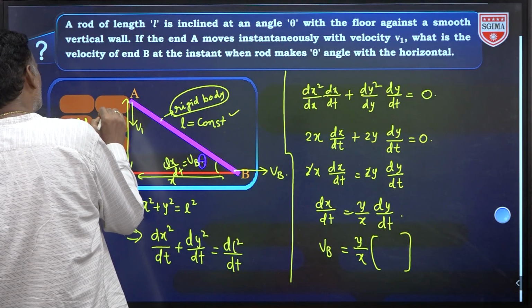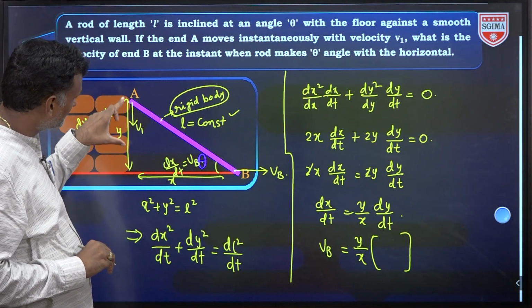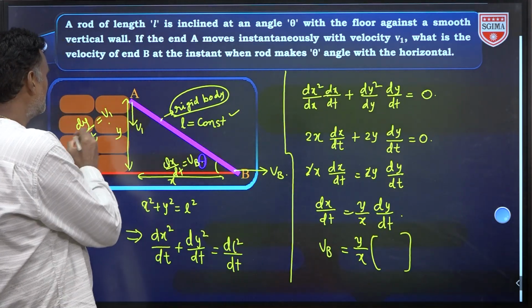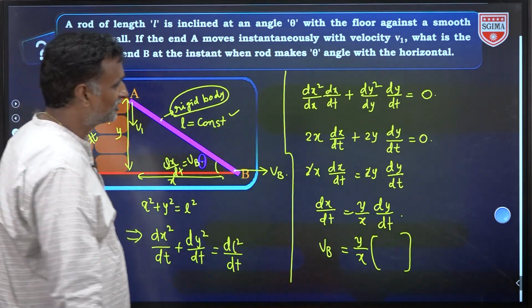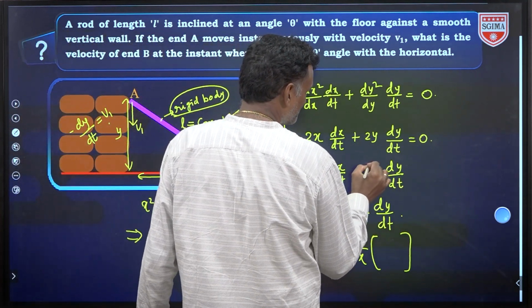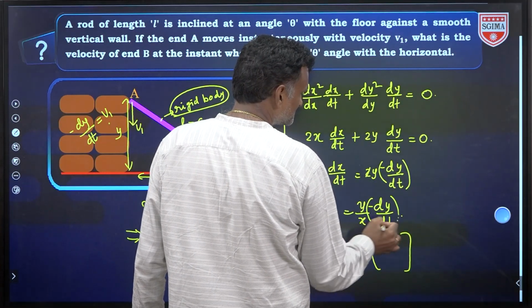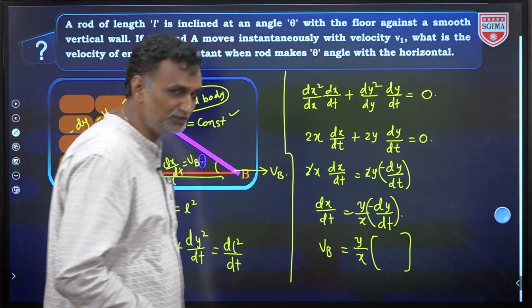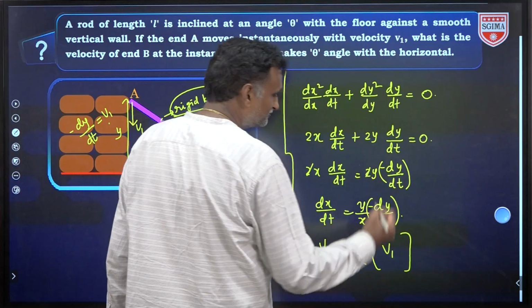But as time passes, the displacement y is decreasing, so we need to take it as minus. Already when we shift to the right side, it should be written as minus. Now this minus sign we write with V1, so simply this is V1.